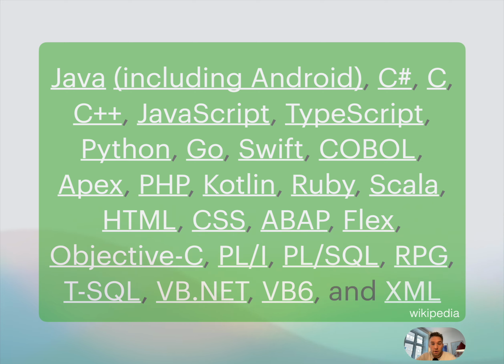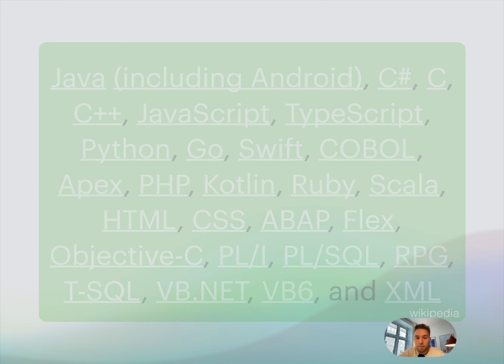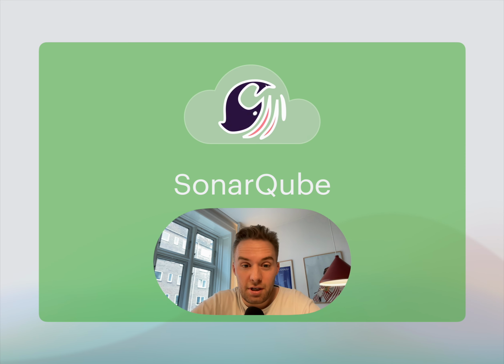There are some functional programming languages that I don't see, F# for example, so we could not use it for that. That's important to remember in making the right decision about which tool to use based on your needs as a business. And SonarQube is cloud-based.